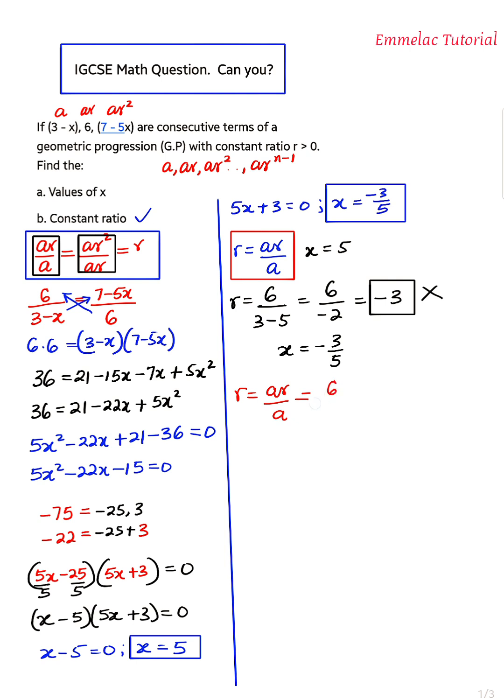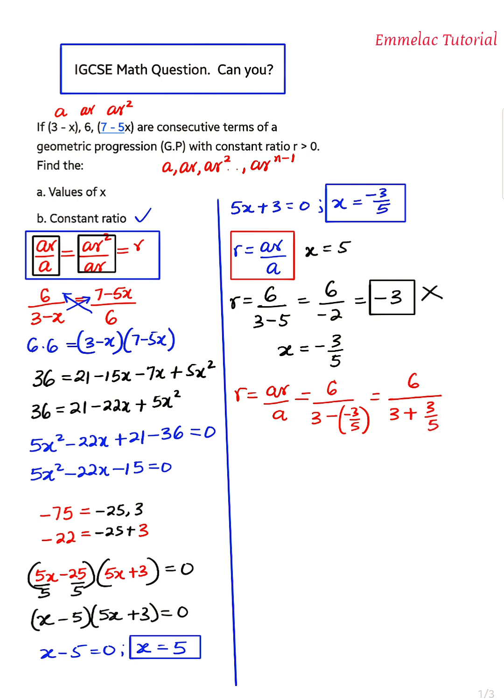So here you have 6, then all over our a is what? 3 minus x, and our x this time around is negative 3 all over 5. Okay, so this gives us 6, then all over, take note of this sign, negative times negative will give us positive. So here we have 3, then plus 3 all over 5.